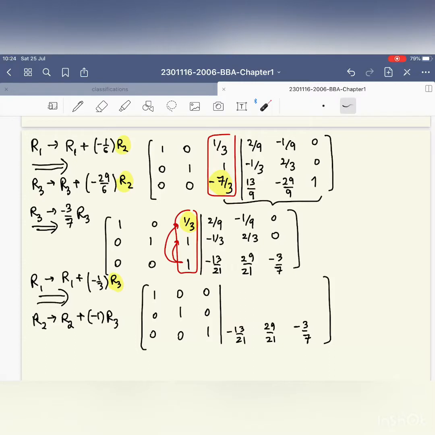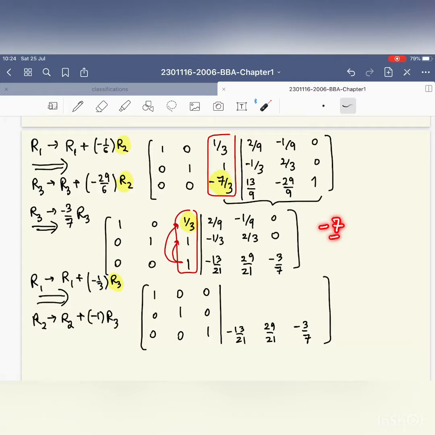So let us do which one first? Maybe this one. Okay, the R2 subtract by R3. Here's your R2, there's your R3. So this one, your R2, the first one, it is what?